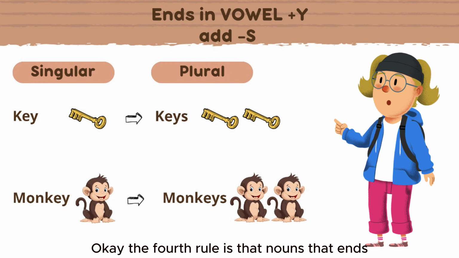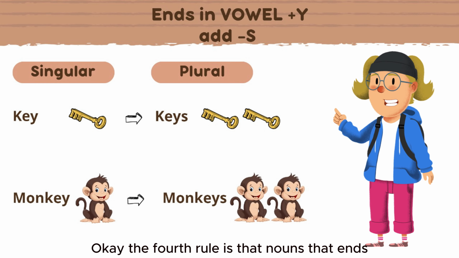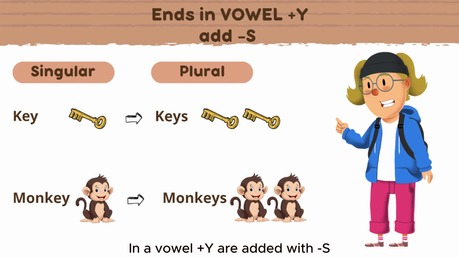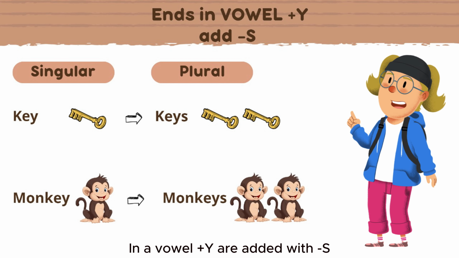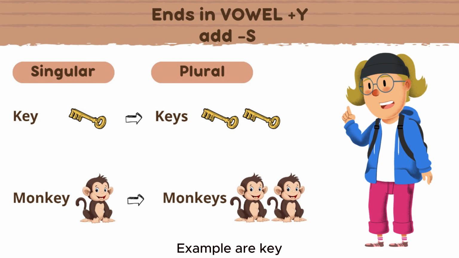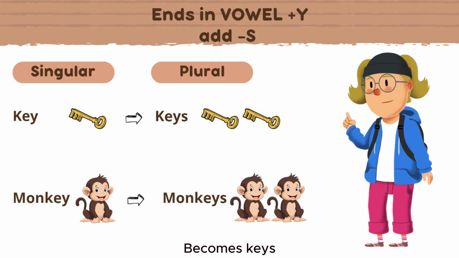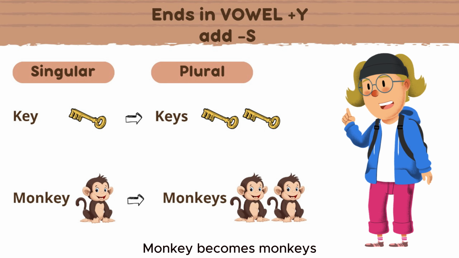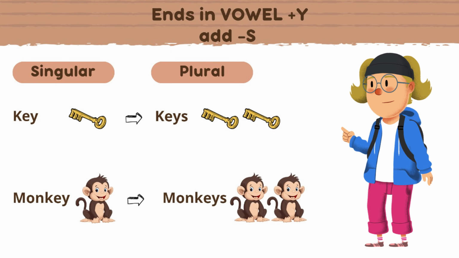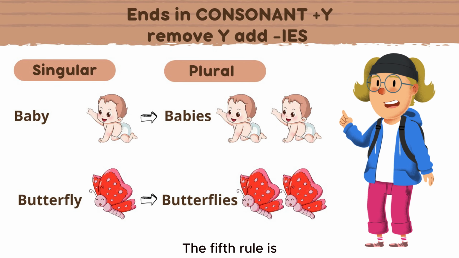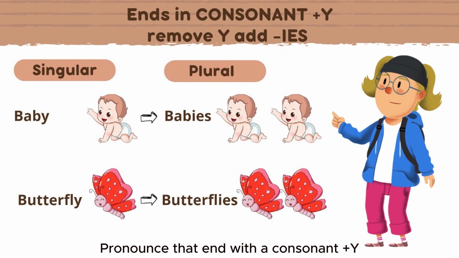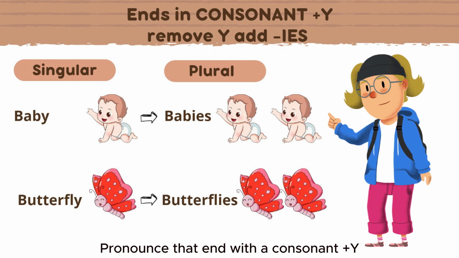Okay, the fourth rule is that nouns that end in a vowel plus y are added with s. Examples are key becomes keys. Monkey becomes monkeys. The fifth rule is for nouns that end with a consonant plus y.